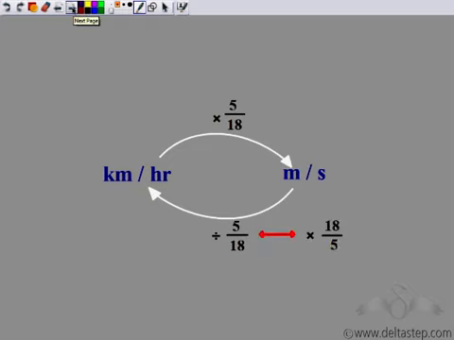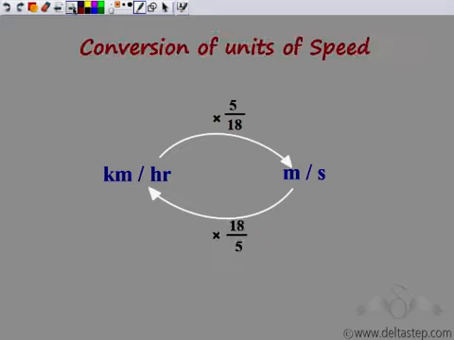So this is the conversion of units of speed. If you want to convert kilometers per hour into meters per second, you multiply by 5 by 18. If you want to convert meters per second into kilometers per hour, you multiply by 18 by 5.